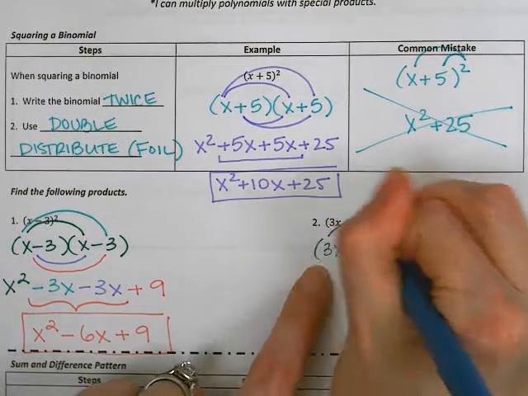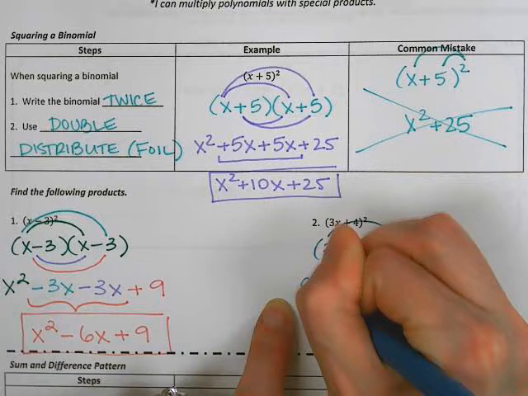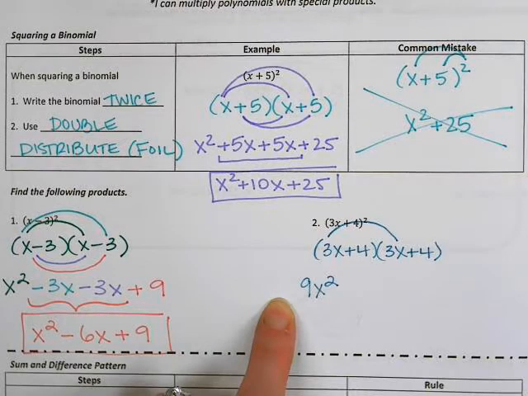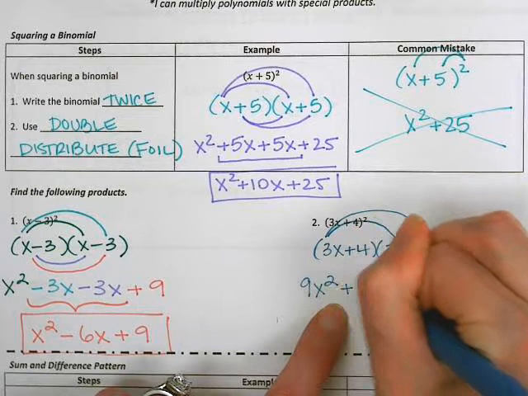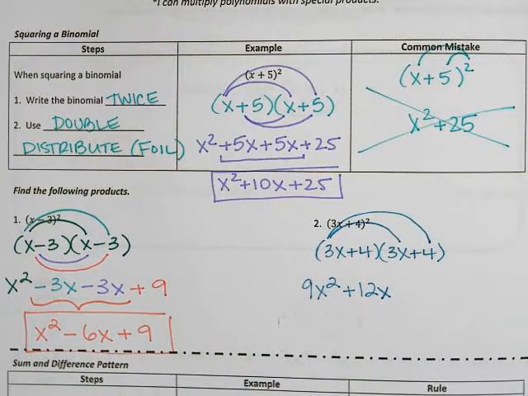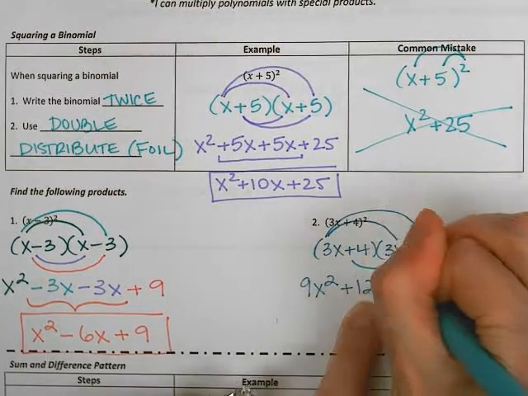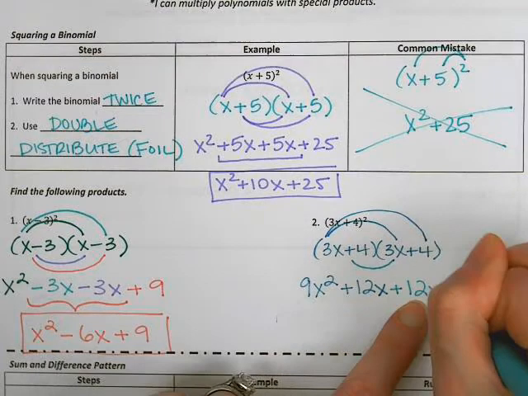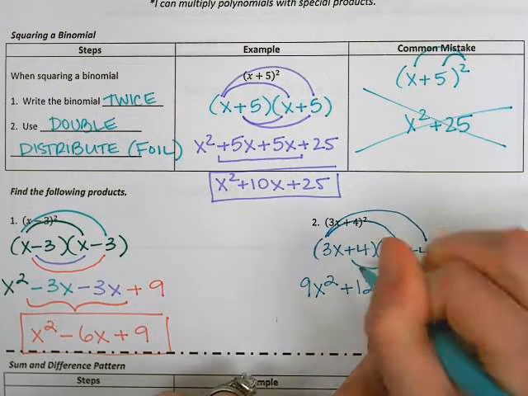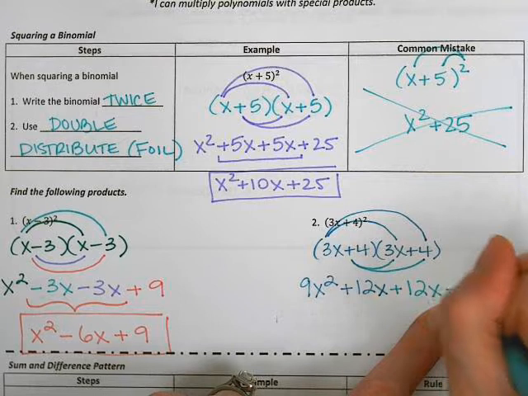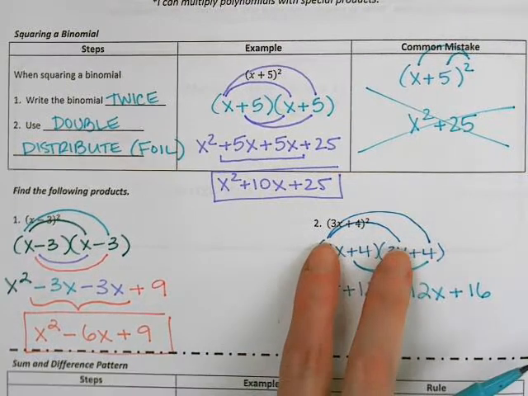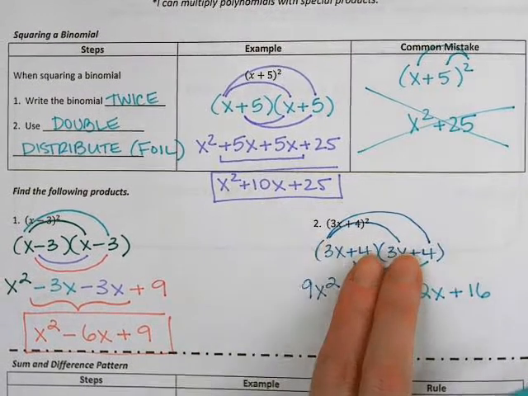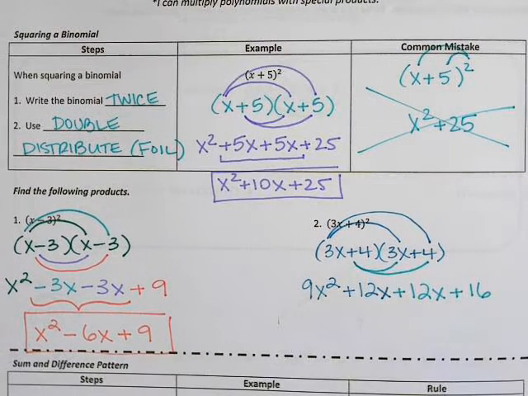So 3x times 3x is 9x squared. 3x times 4 is 12x. And now the next one, 4 times 3x is another 12x. And lastly, 4 times 4 is 16. Remember, if you like FOIL, it's first, outers, inners, lasts.